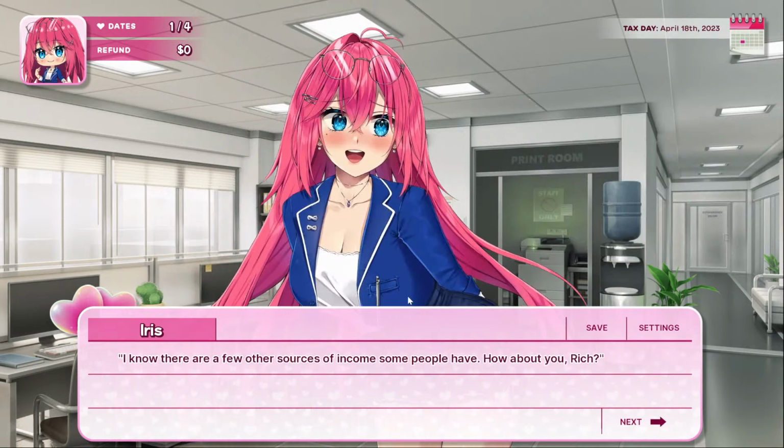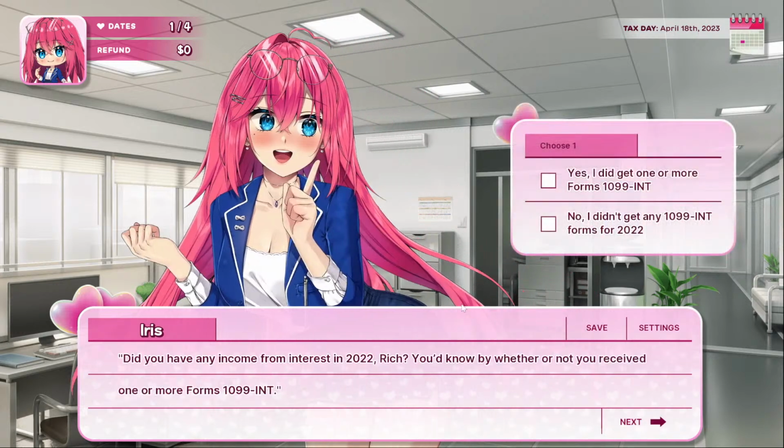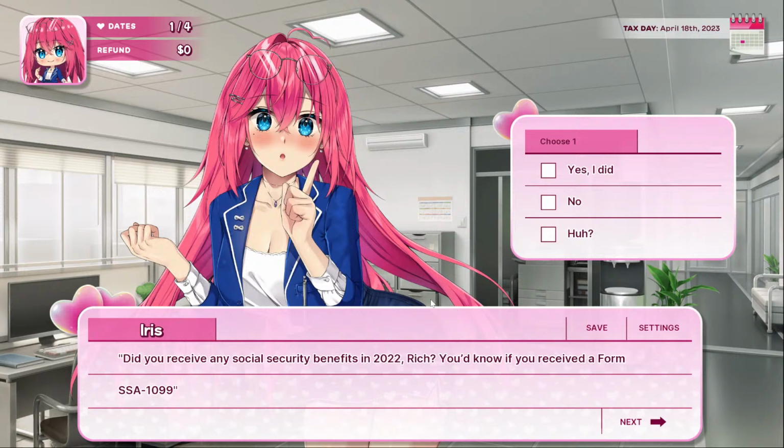No. I know there are a few other sources of income some people have. How about you, Rich? As long as we're here, we should make copies of all your forms. Have any income from interest? Barely anything, but I'm just gonna say no. Receive any Social Security benefits? No. Let's ask.